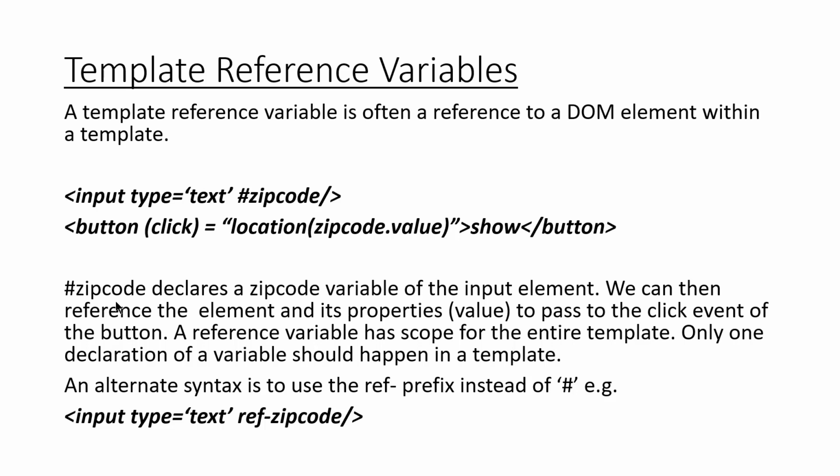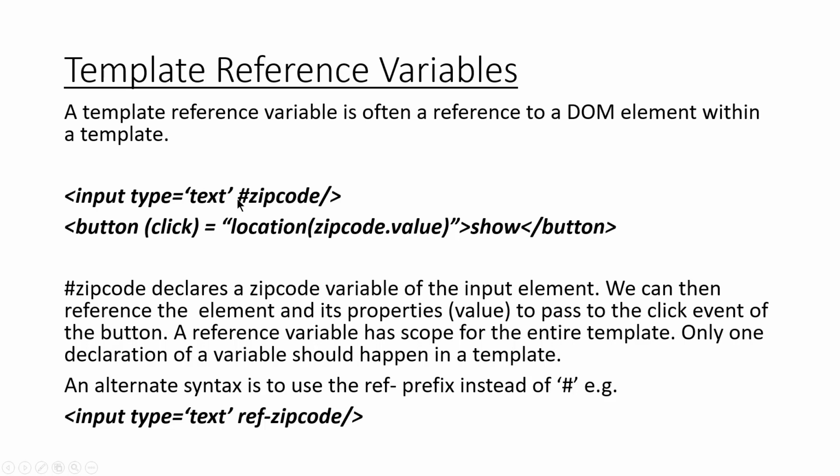Template reference variable. A template reference variable is often a reference to a DOM element within a template. In the example here, we have an input tag of type text, and we've given it a reference variable of zipcode.